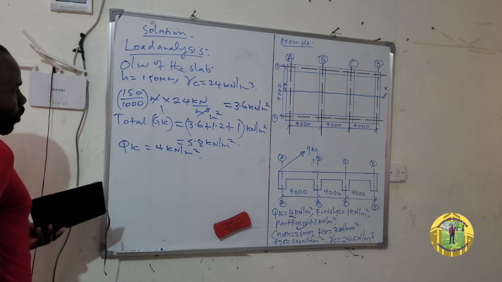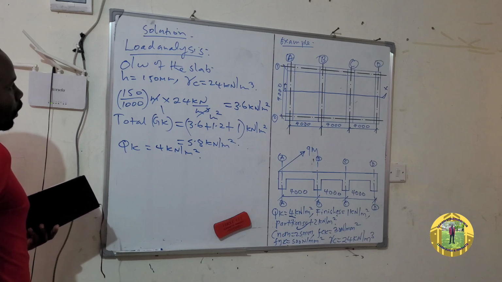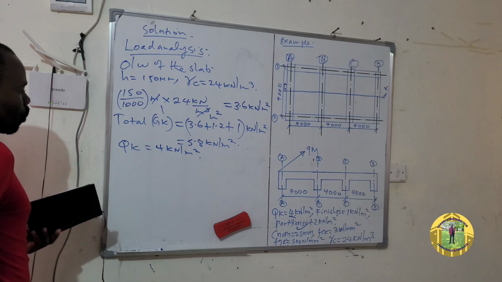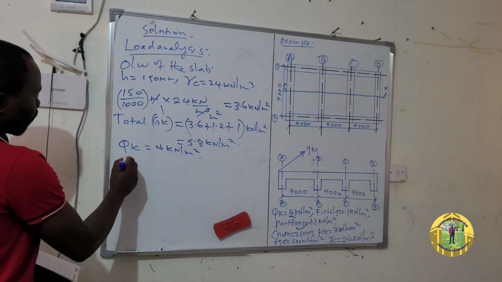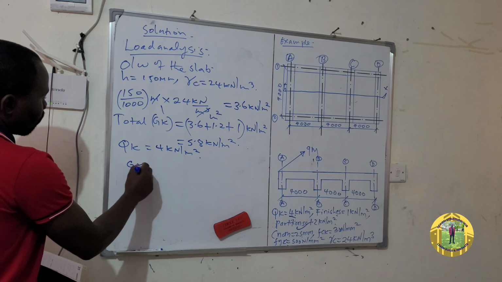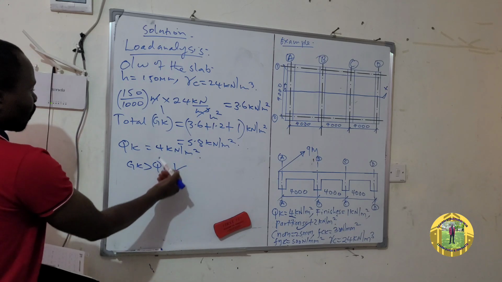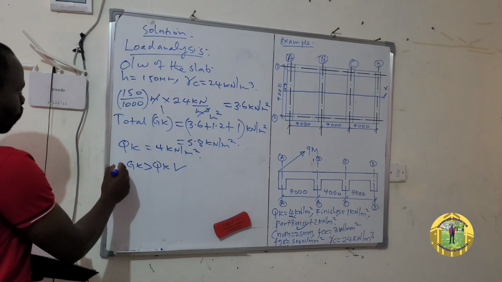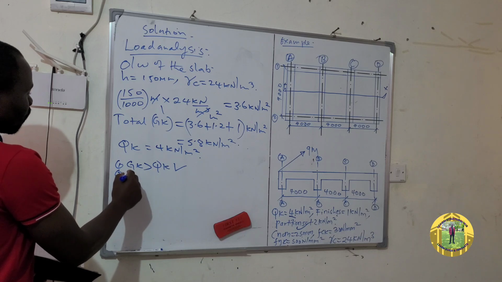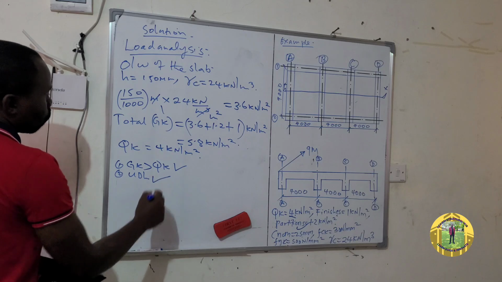And then from there, we'll see if we'll employ the formal traditional analysis method, or the use of coefficient method. For the coefficient method, the requirements are: GK must be greater than QK, which is okay. You can see 5.8 is greater than 4 kilonewton per meter square. The second one, it must be a uniformly distributed load, which is okay.